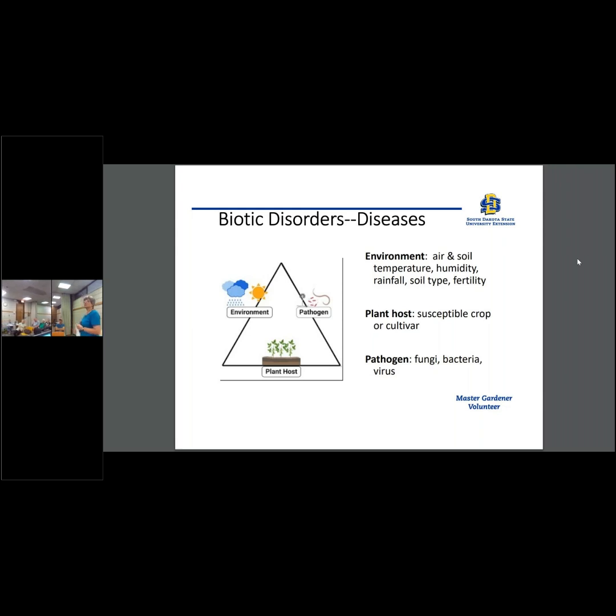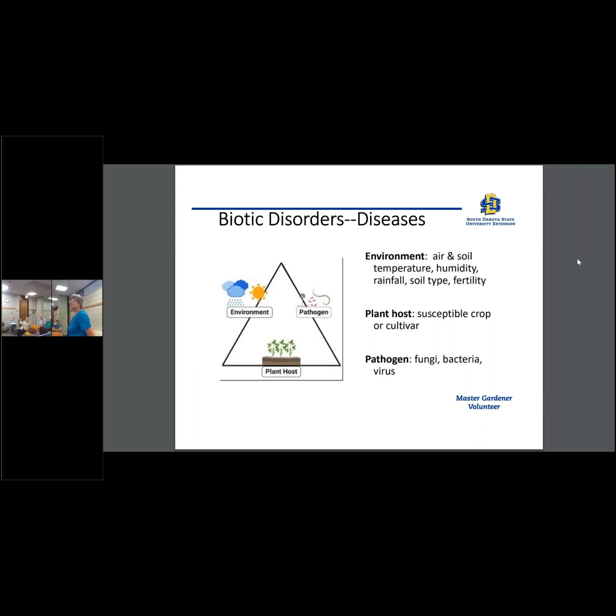The plant host is a susceptible crop or cultivar. Some things only affect one kind of plant or one plant family, like tomatoes, peppers, potatoes. But others affect many, many, many different kinds of plants.